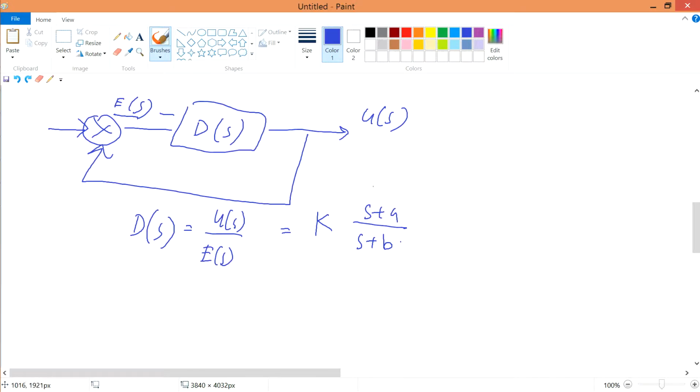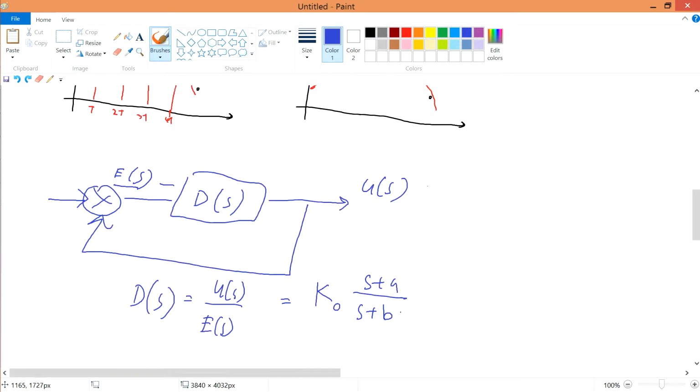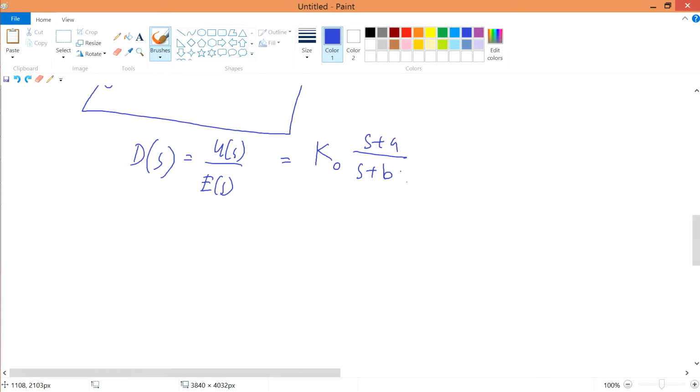So please take note, I'll denote this as k naught for better understanding, to differentiate it from this k. They are totally two different things.